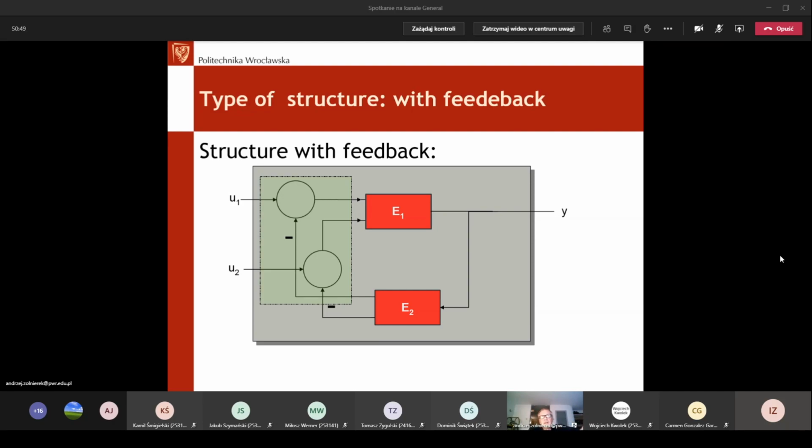Sometimes the properties of this element are not good, especially in dynamic cases. For example, this system works nearly on the border of stability.